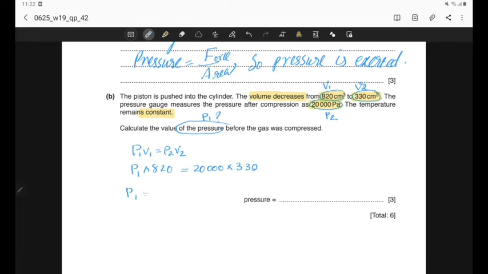So P1 is 20,000 times 330, and we can take 820 to the other side. So we will get 8,000 Pascal. So 8,000 Pascal is the answer.